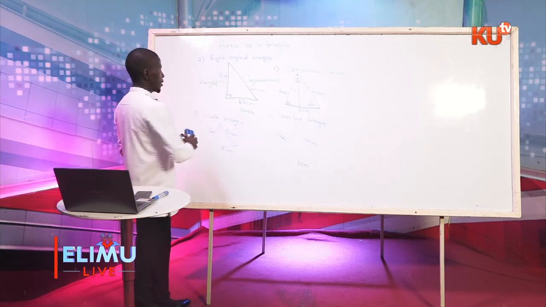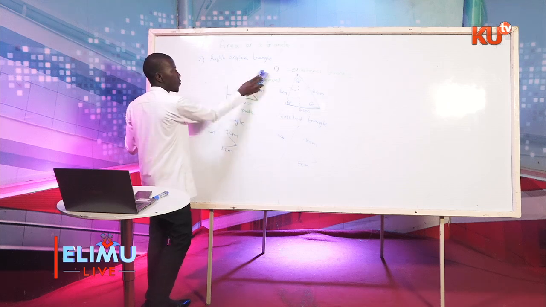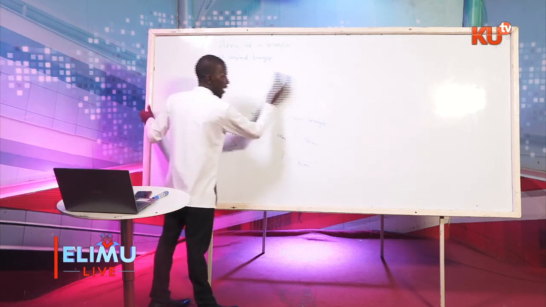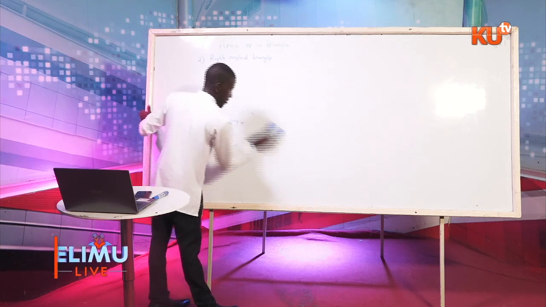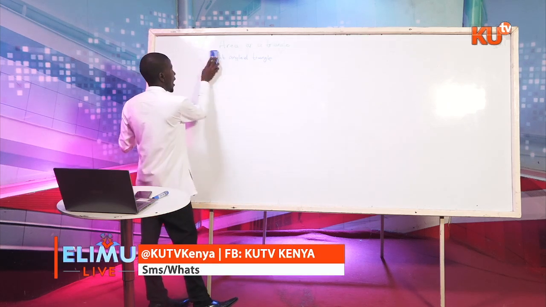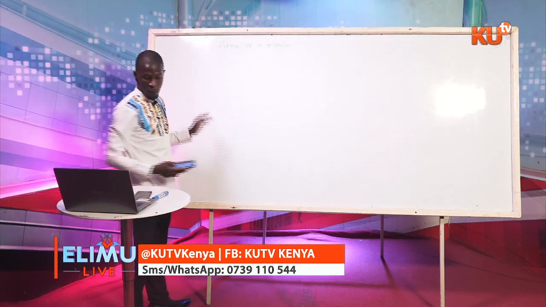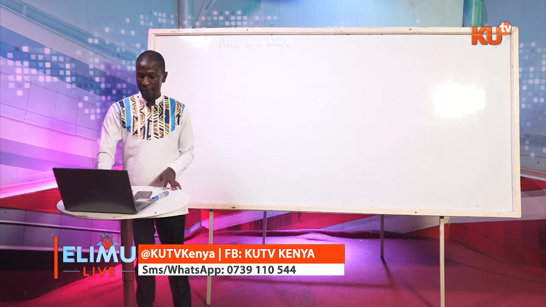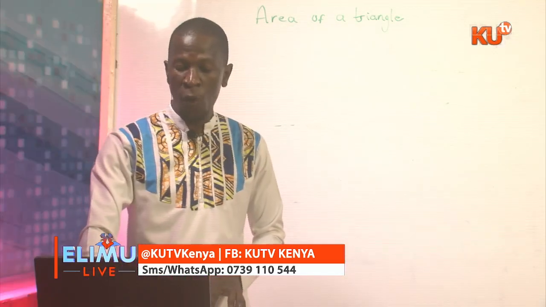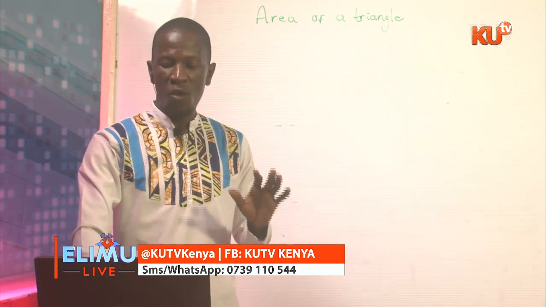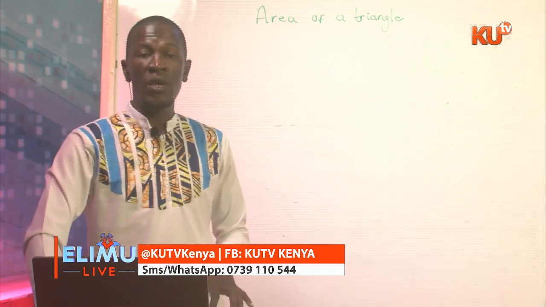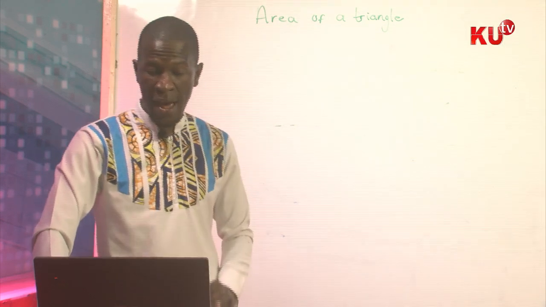Now in this lesson, I want us to dwell so much on the right angle triangle, how to get the area of the right angle triangle. That is what we are going to dwell on. Remember, I started by saying that you need to define what a triangle is, and already we have said a triangle is a three-sided figure.